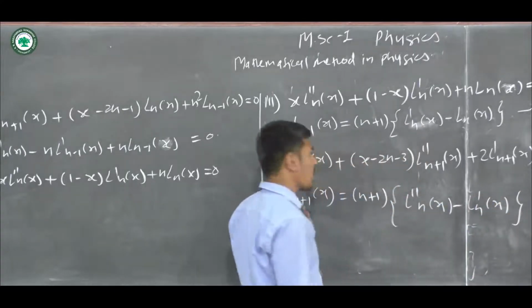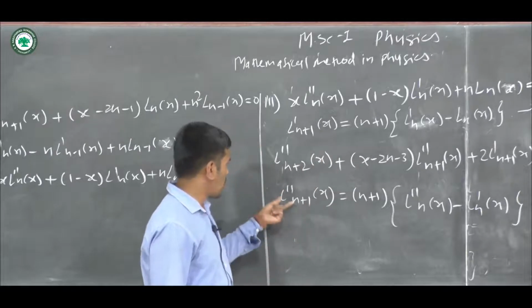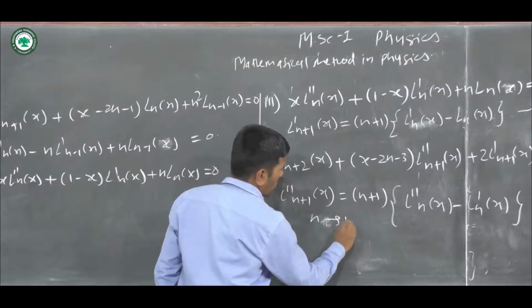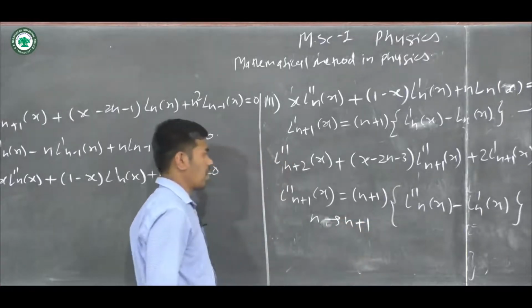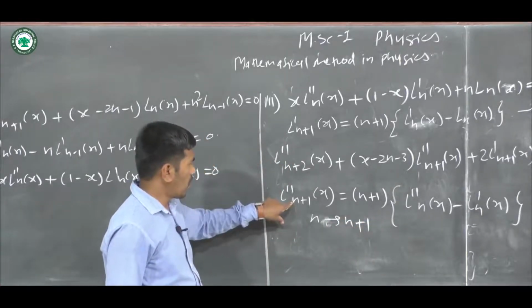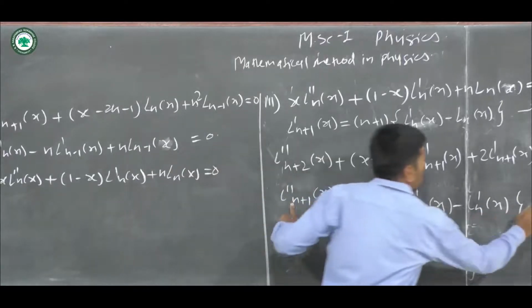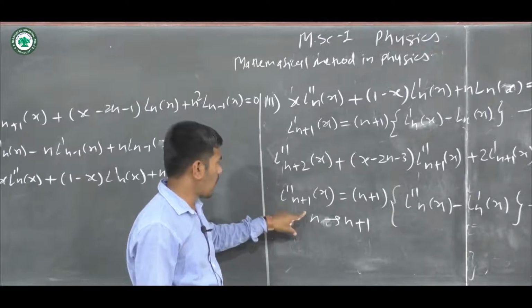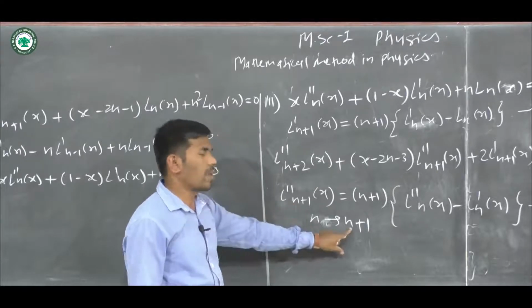So this is L double prime n plus 1, okay. Now here, the same n, I am going to replace with n plus 1. In equation number 3, I replace n with n plus 1.